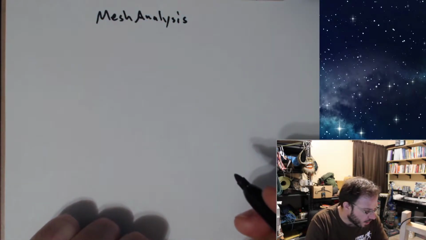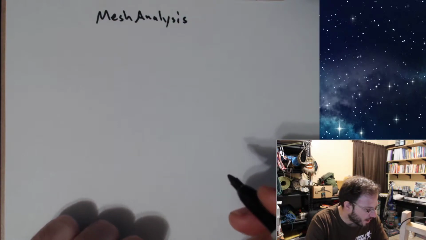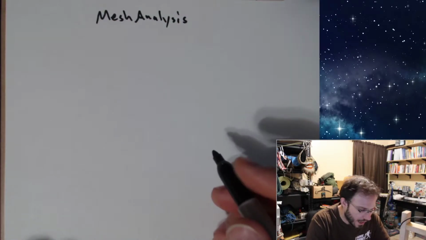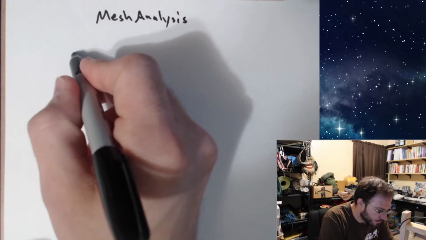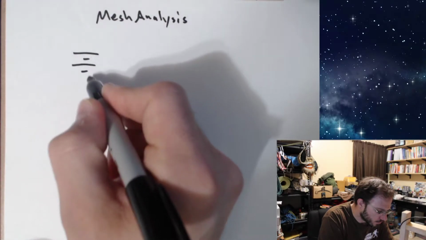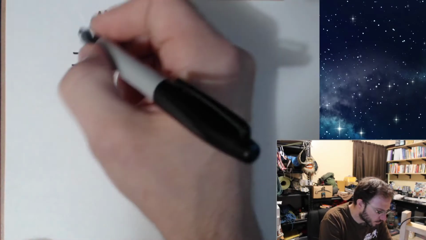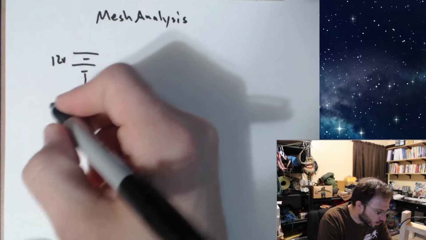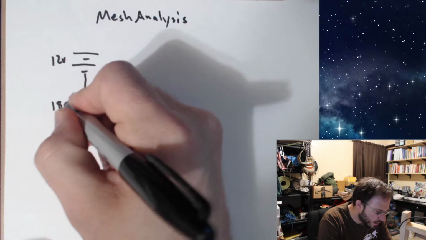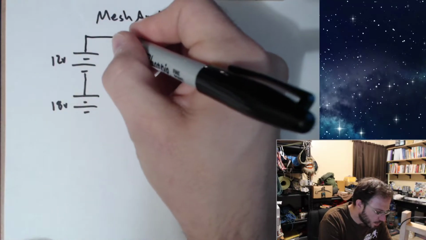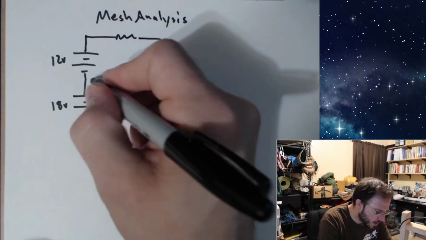And let's give ourselves a bit more elaborate of a circuit. So this one will have two voltage sources in it. We'll do a 12 volt source. We'll do an 18 volt source. We'll do a 2 ohm resistor here.